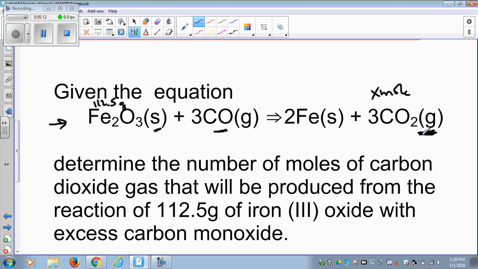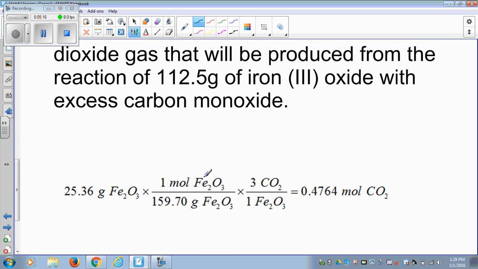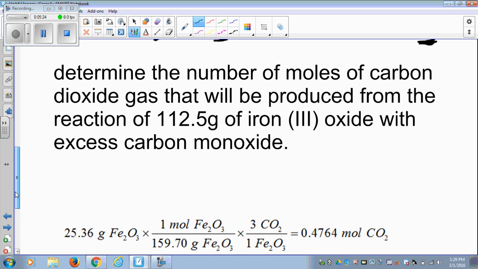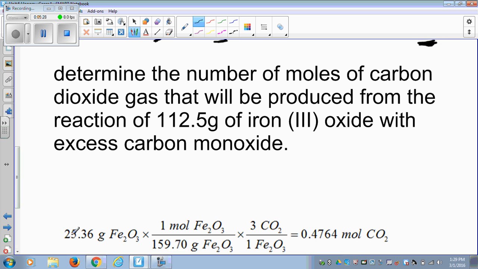So again, it's a gas. When it comes to the gas, I need to apply the molar ratio, and if it was talking about volume, I would have applied 22.4 liters. So I start with what I'm given: 112.5 grams of iron 3 oxide.